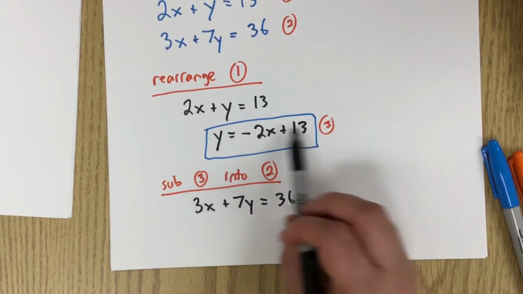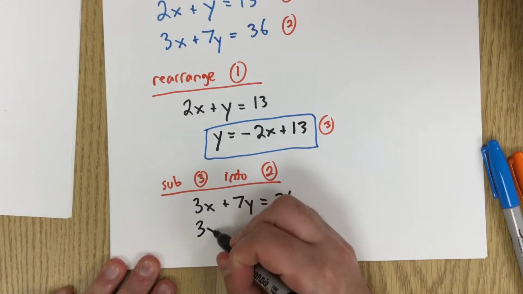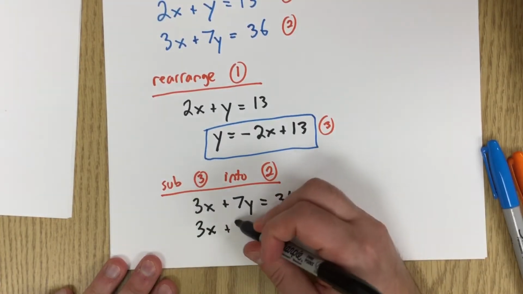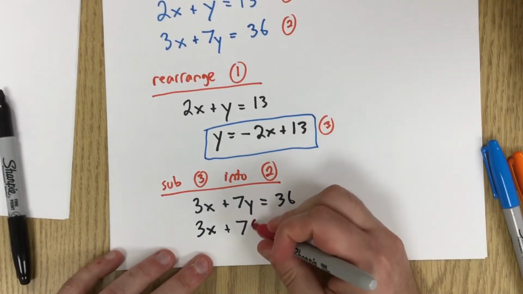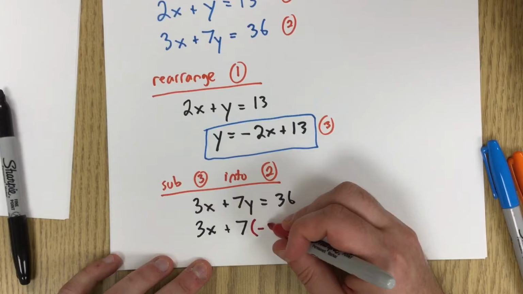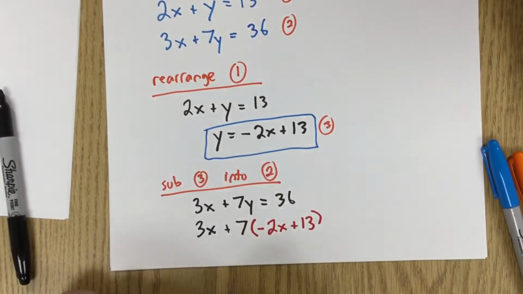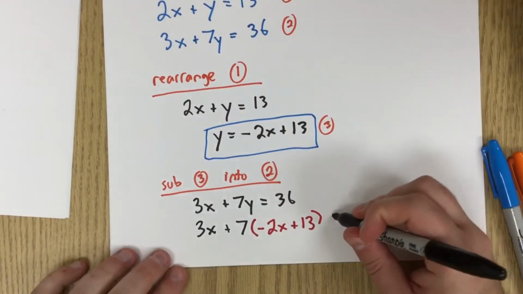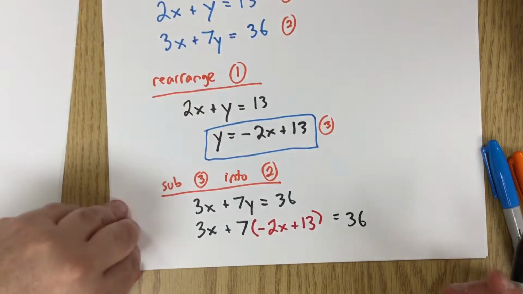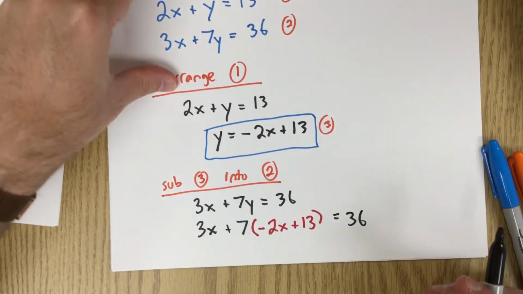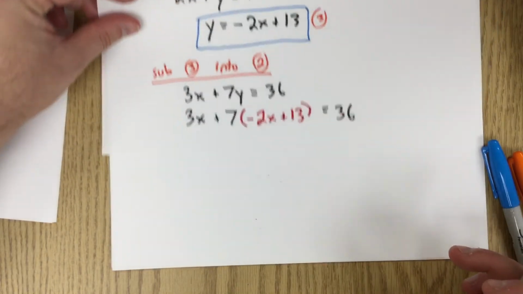So instead of y, I could write minus 2x plus 13. So I have my 3x plus 7, and instead of y, I write in brackets, whenever we sub in, we put it in brackets, minus 2x plus 13 equals 36. Notice that's the only change I made. All I did was take the equation, and instead of y, I wrote the thing from that.